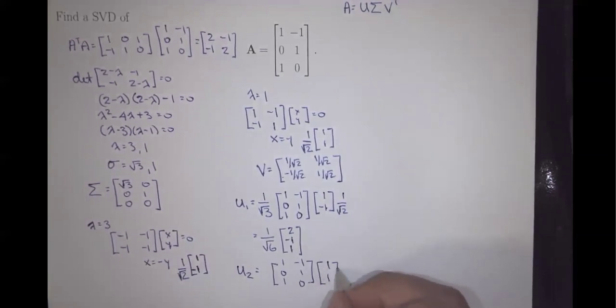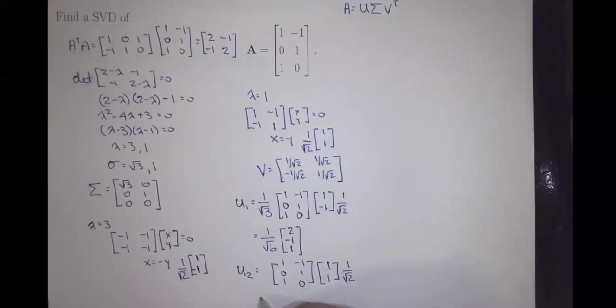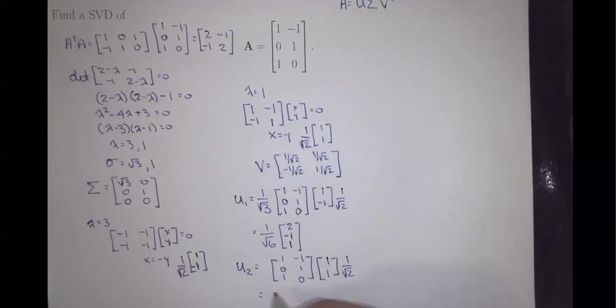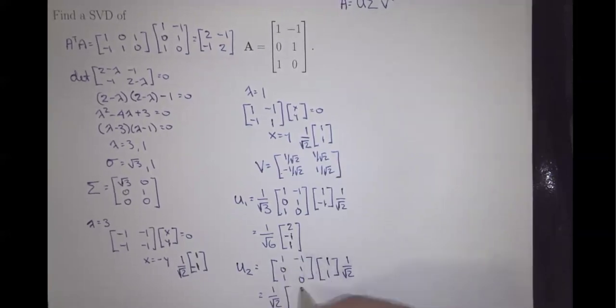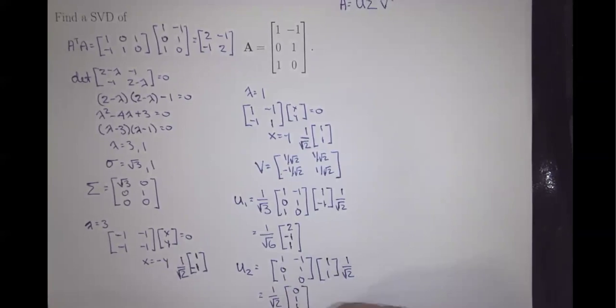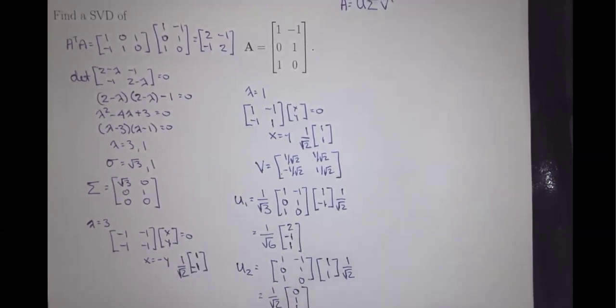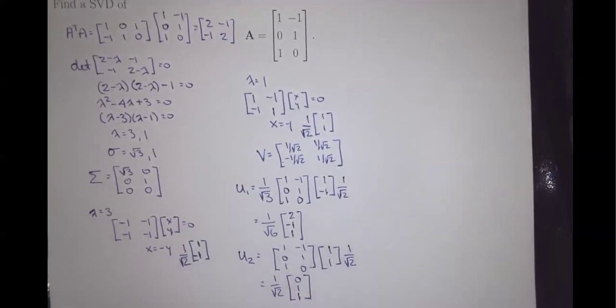So that's 1, 1, and 1 over root 2. So we end up with a 1 over root 2 out front. And then 1 minus 1 is 0, 0 plus 1 is 1, 1 plus 0 is 1. So 0, 1, 1 normalized to be 1 over root 2.